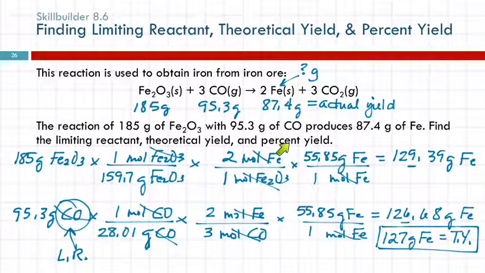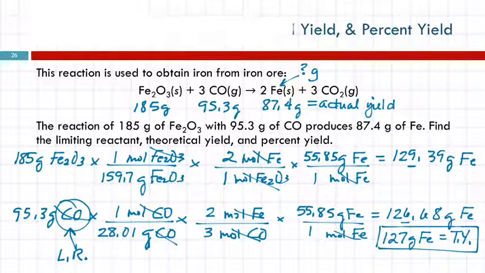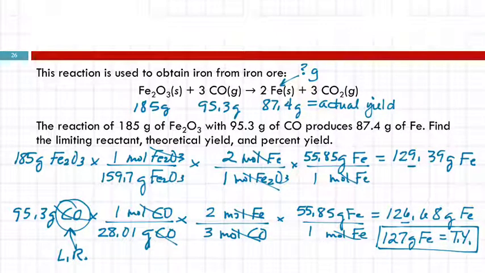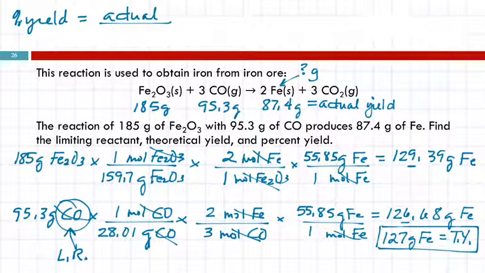And now percent yield. So this is where it's a little different. Percent yield equals the actual yield divided by the theoretical yield times 100%.